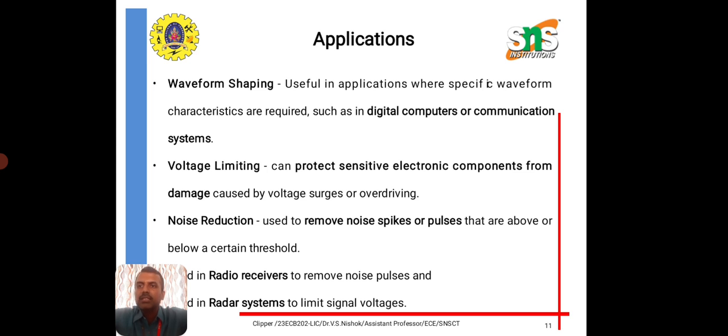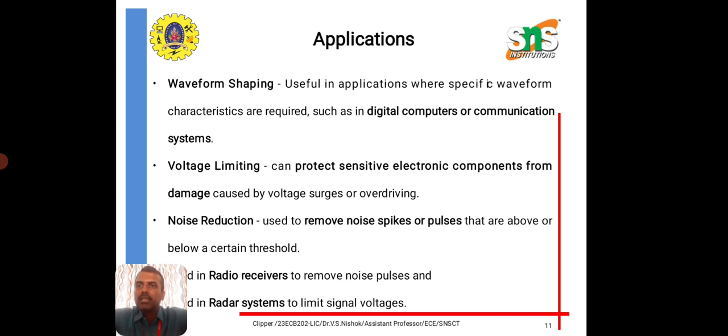Then noise reduction: removing noise spikes or pulses that are above or below a certain threshold value. Further, these clipper circuits are utilized in radio receivers to remove noise pulses and in radar systems to limit signal voltages. So with vast applications, clipper circuits are a must-needed circuit which can be designed efficiently with the help of precision diodes and operational amplifier IC741.